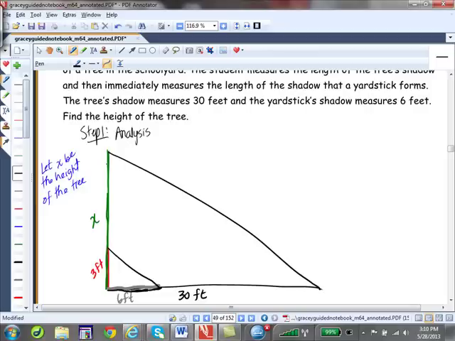Okay, so here's a parallel line, and you would have the alternate, would it be alternate exterior angles, I think is what it would be. All right, so here we go. We have similarity, and we can now translate.